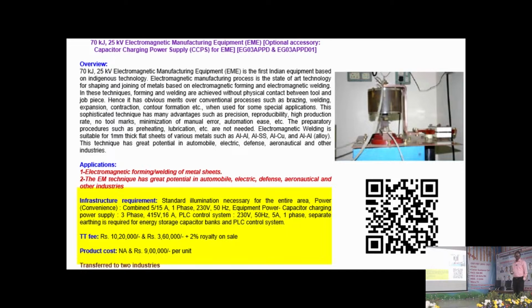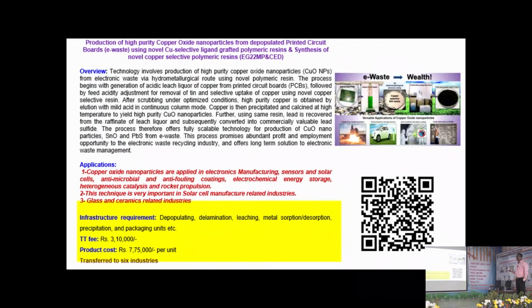This electromagnetic forming and welding is another technology we have given to the industry. Even from PCBs, whatever copper removal, we have this technology to generate copper nanoparticles. This is useful for manufacturing of sensors and all.